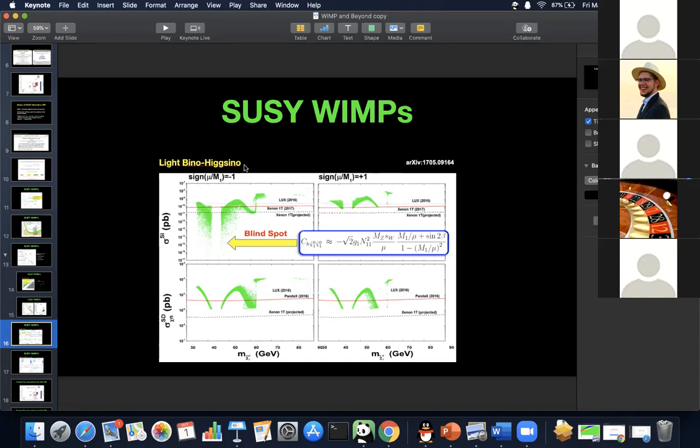We mixed the Higgsino with a Bino component, and then we examine the feasible parameter space for this scenario.